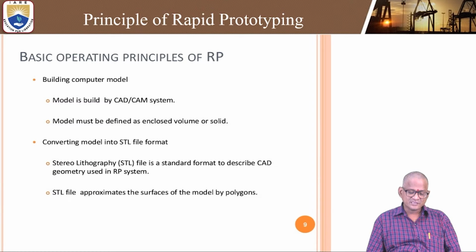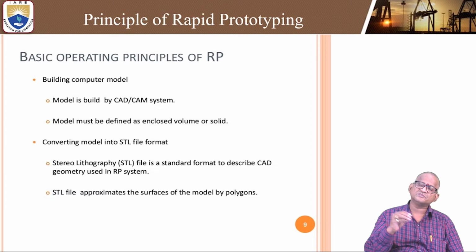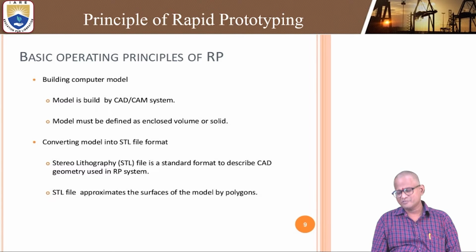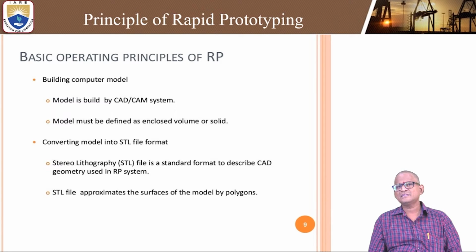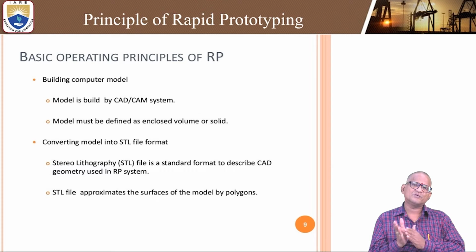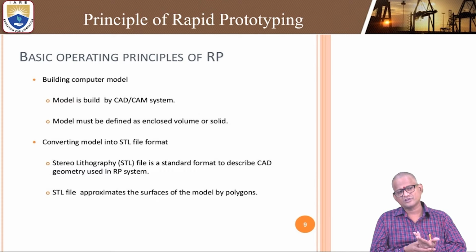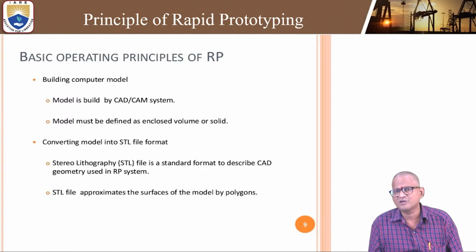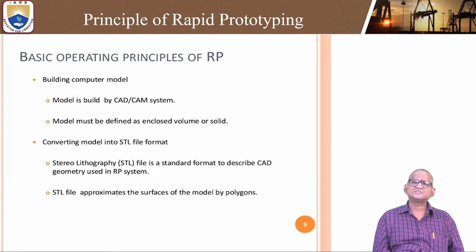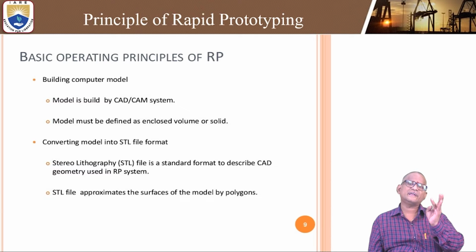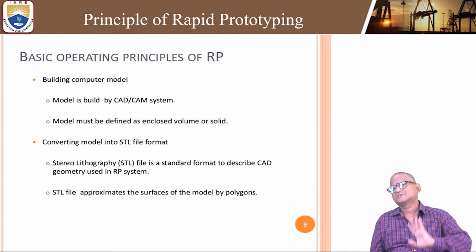Okay, so based on that basic principle, using manual drafting procedure, it will be converted into CAD, computer aided design, either AutoCAD or SolidWorks, for drawing all these components, the 3D models. These 3D models are built by CAD and CAM software or systems.